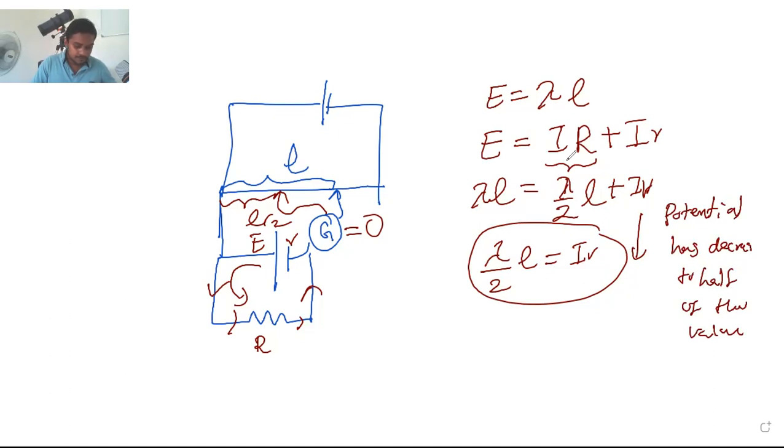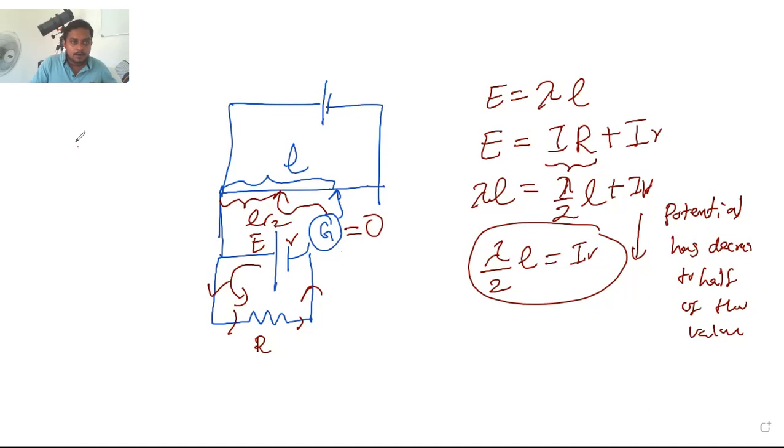It says the length changes to L over 2. Then the resistance of this circuit, since the current is not flowing through this, has to be half of the resistance.